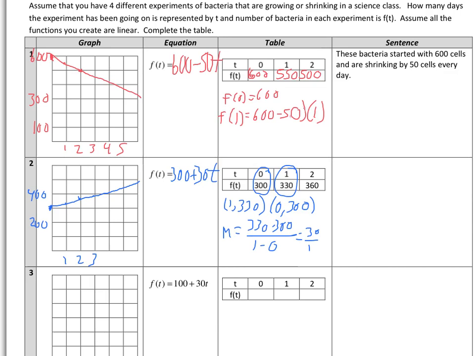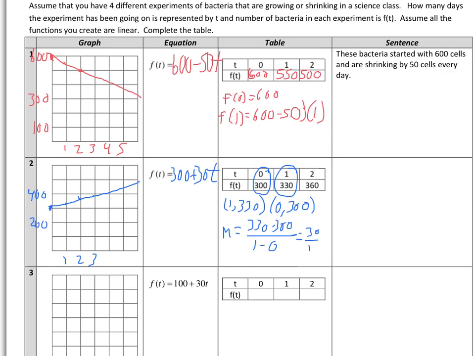So far, from this, we got a graph, now we made an equation. And isn't the equation easy to make a sentence from? We began with how much bacteria? 300, and we're growing or shrinking? Growing by 30 bacteria each day.